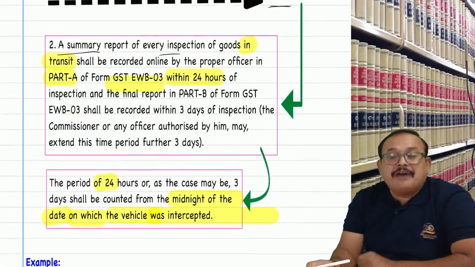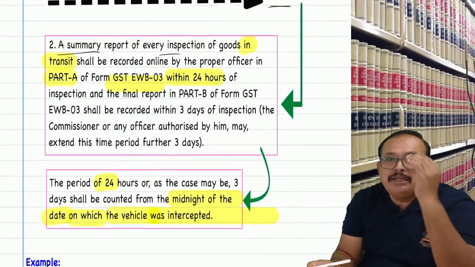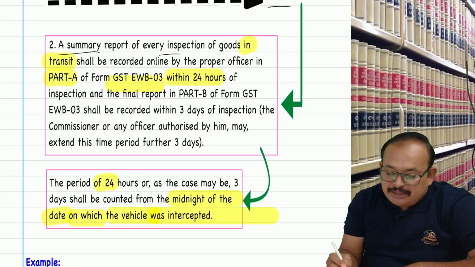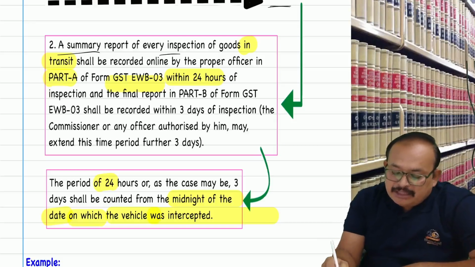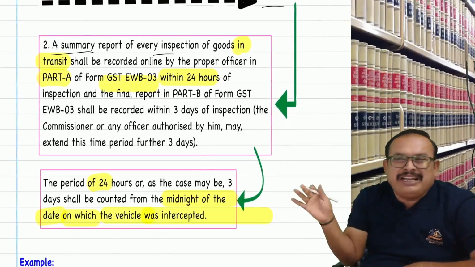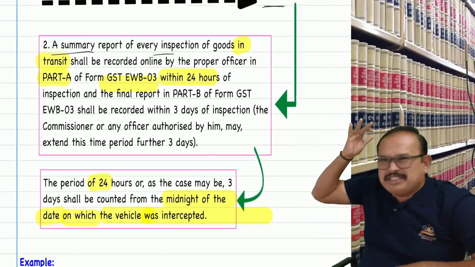Now come back. After the summary information is uploaded, within 3 more days from the date of inspection, Part B information in EWB 03 shall be recorded in full. This much is the quantity, this much is the value of the goods, this much is the penalty.